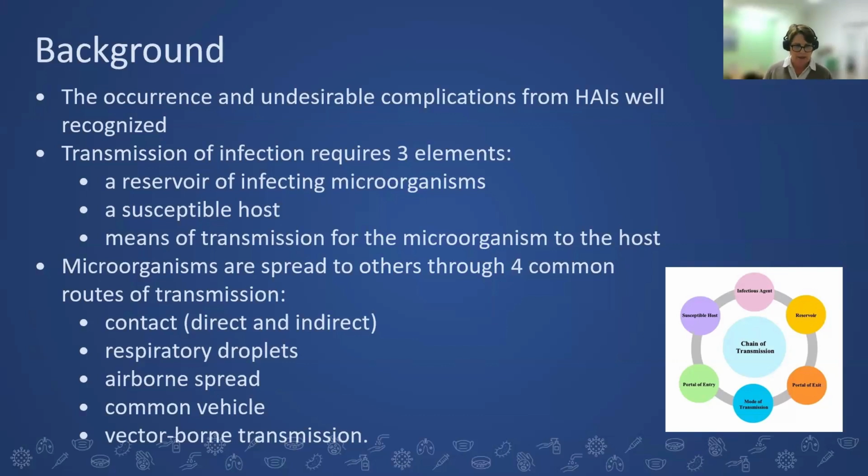That means we need an adequate number of pathogenic organisms, which we often refer to as the dose. The pathogenic organisms also need to be of sufficient virulence to survive and to cause infection or colonisation. We need a susceptible host, an appropriate mode of transmission, or the transferal of the organism in sufficient number from the source to the host. And we also need a correct portal of entry into that host.